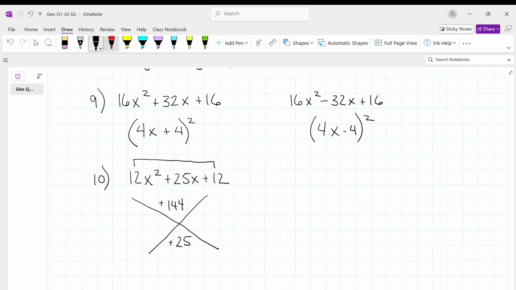We list the factors of 144. So 1 and 144, 2 and 72, 3 and 48, 4 and 36, 6 and 24, 8 and 18, 9 and 16.